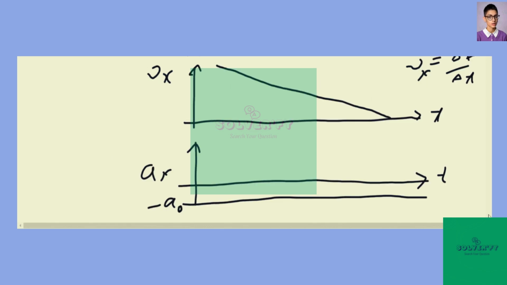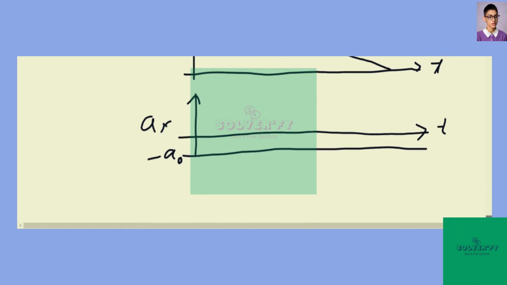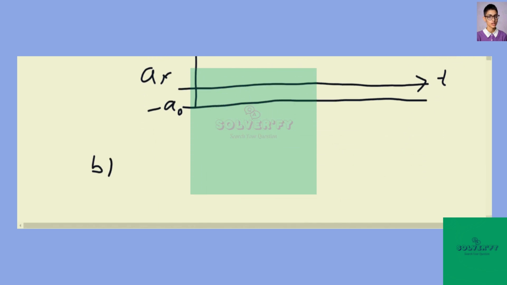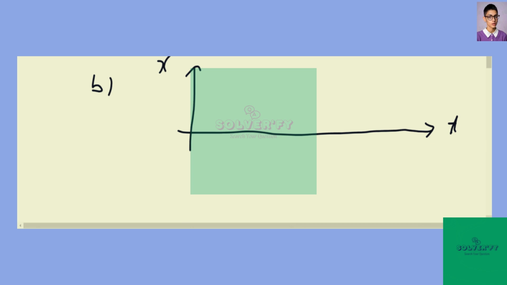let's say. For the next set of graphs, for question B, again, the position increases linearly with time for each of those different time intervals, t1, t2, t3, t4, and t5.